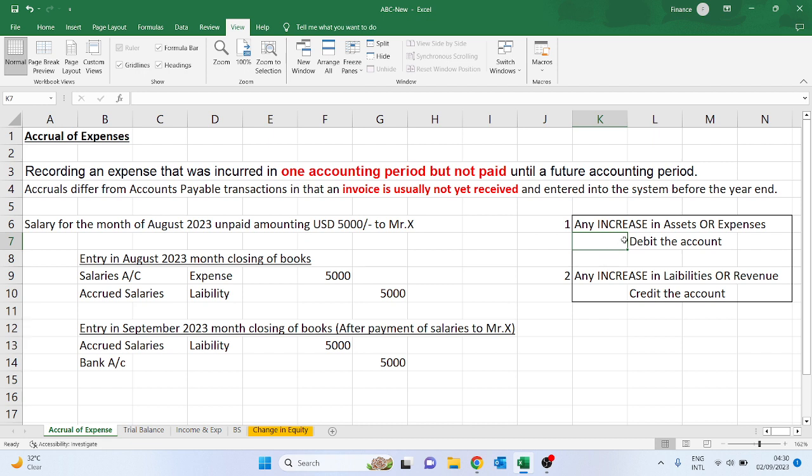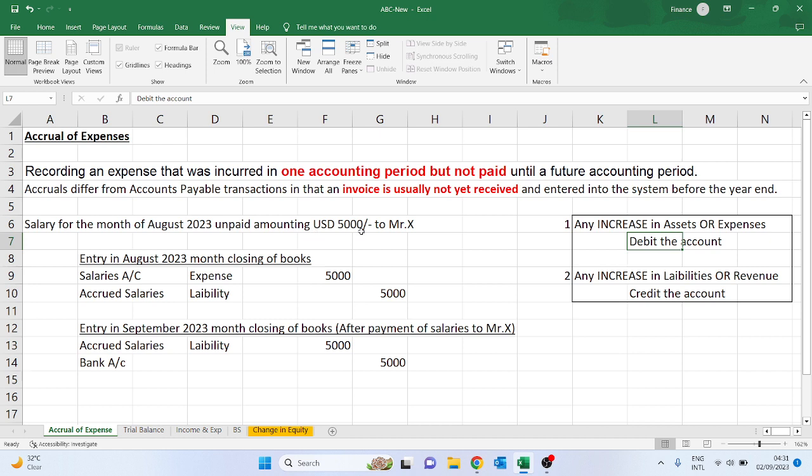Any increase in assets or expenses, just debit the concerned account, and any increase in liabilities or revenue, just credit the account, and vice versa. Any decrease will credit, any decrease will debit here. So we have to identify the entry for this accrual in the month of August.